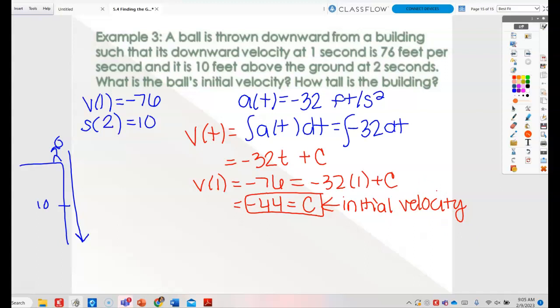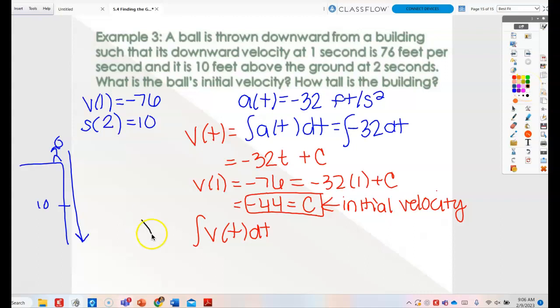How tall is the building? So if initial velocity is the y-intercept, the y-intercept of position would be the height of the building, right? Because again, time equal to 0. So how do we find the height of the building? We have to integrate velocity.